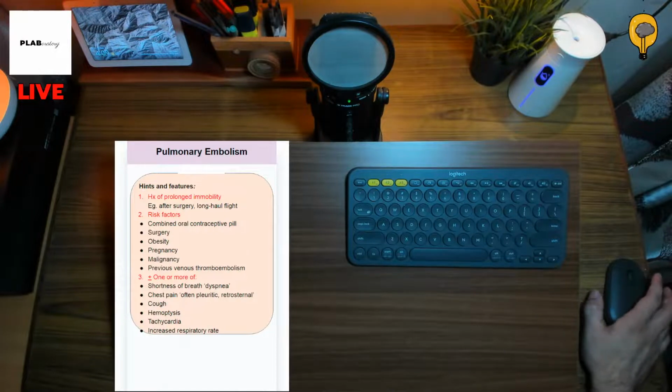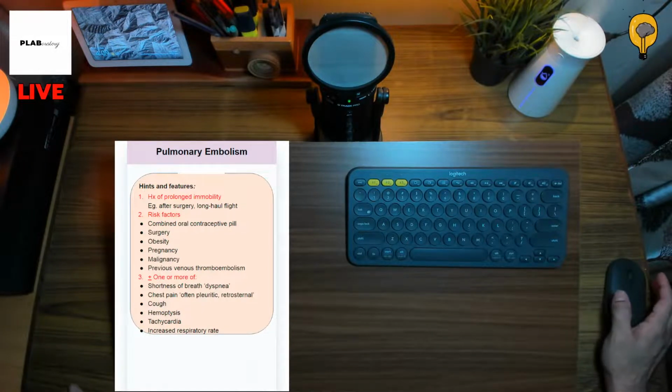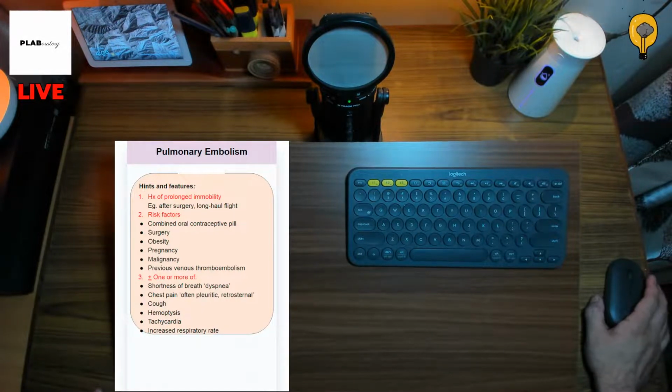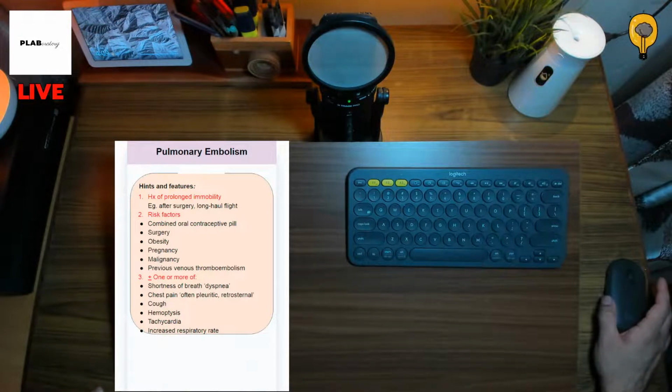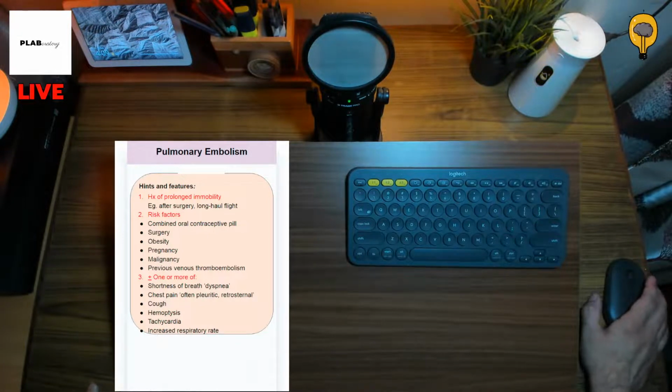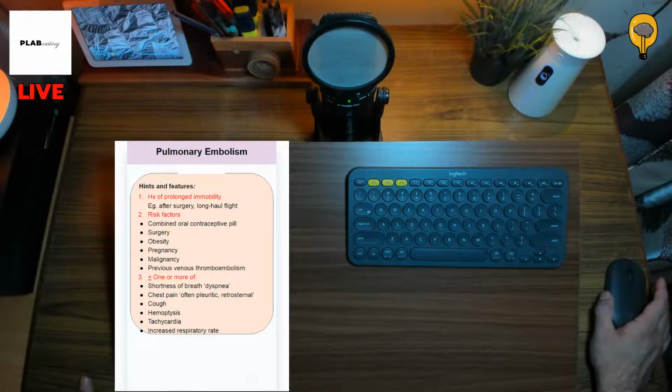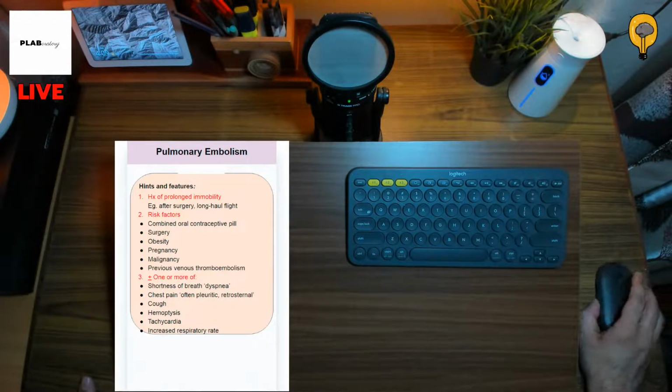If we are suspecting pulmonary embolism in a patient, we have to give a therapeutic dose of anticoagulants immediately. That is very important.